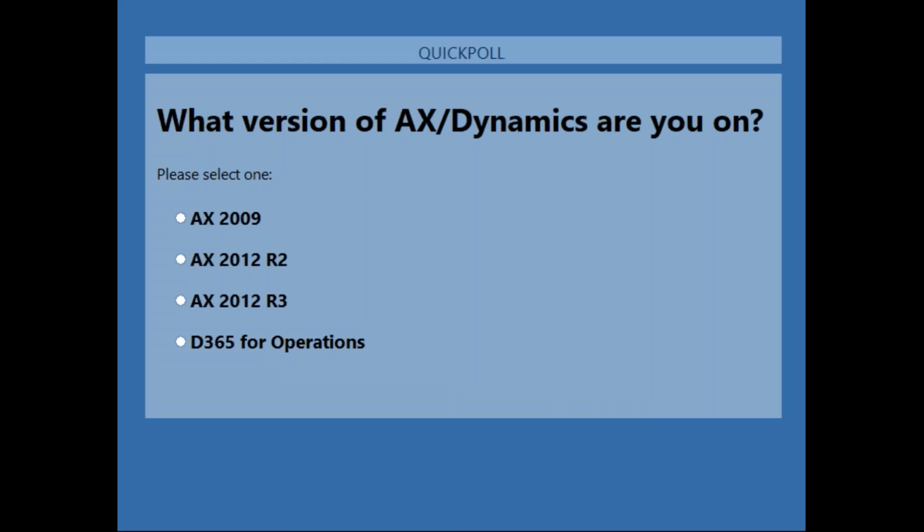The poll is open, looking to see how many of you are on 2009, 2012, either R2 or R3, or if you're lucky enough to already be upgraded and using D365 for operations. It looks like about 85% of you have voted. We'll give this another 10 seconds. Put in your vote. Greatly appreciate it.